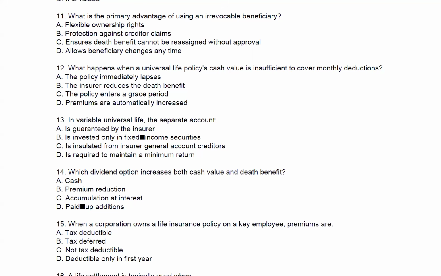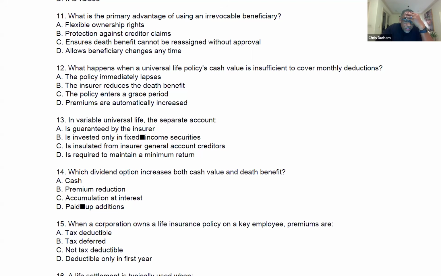C, the policy enters a grace period. And D, premiums are automatically increased. It's C. It enters the grace period. Yeah, that's what I'm talking about. Great job. You're exactly right.